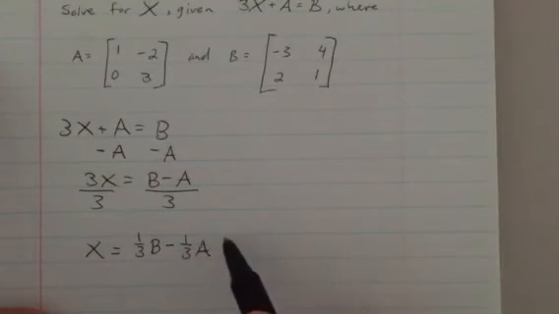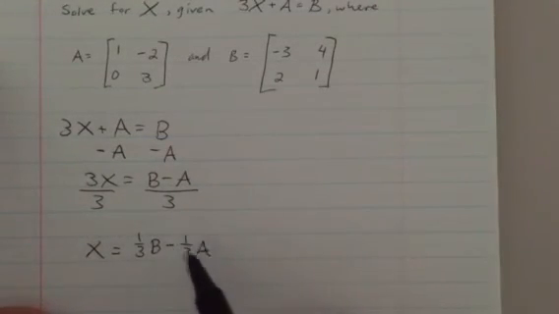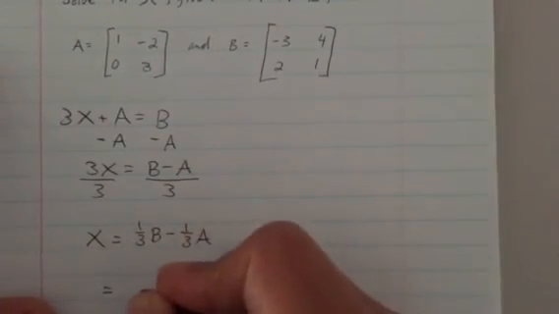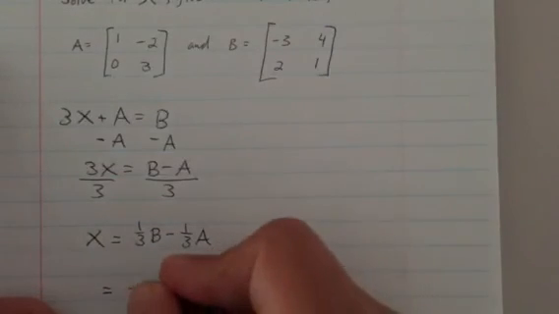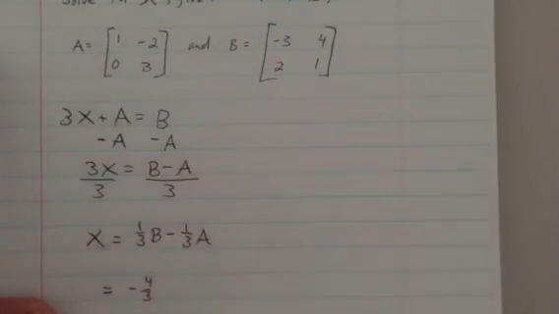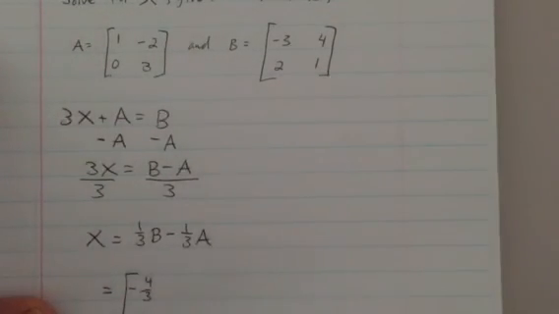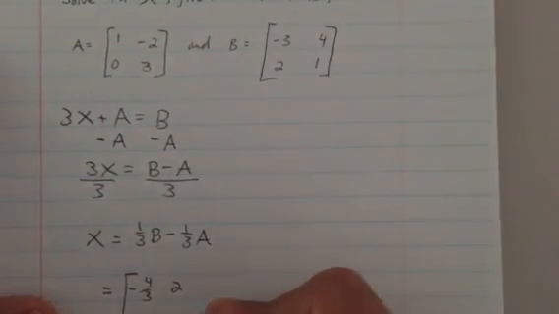Distribute 1/3 to matrix A and matrix B, then subtract the 2. In the end, you should get -4/3, 2/3, 2, and -2/3.